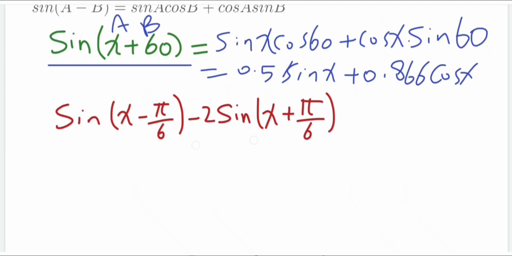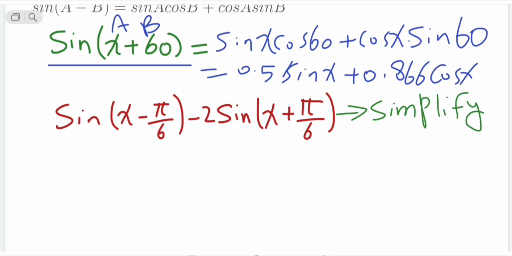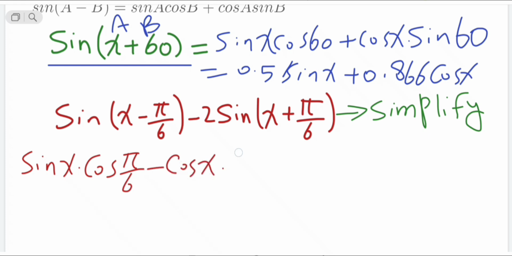Look at the next question. This question we are going to simplify. Because there are two formulas we will apply, both addition and subtraction. First of all, look at the first part. Sin(A − B) means sin A cos B minus cos A sin B, where B is pi over 6.